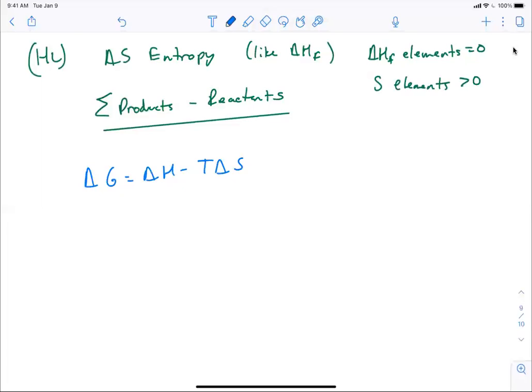And I can't stress enough that units are one of those common mistakes, those quote unquote silly mistakes that students make oftentimes, where delta H is in kilojoules, temperature is in Kelvin, and students forget that this is in joules. So we need to divide this term by 1,000 to get it in kilojoules so that your delta G will also be in kilojoules.